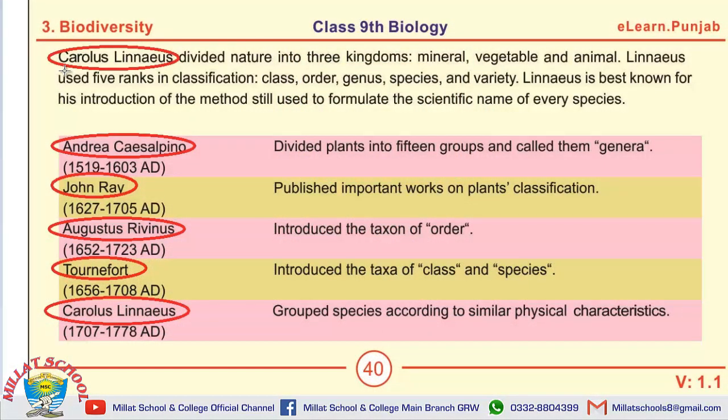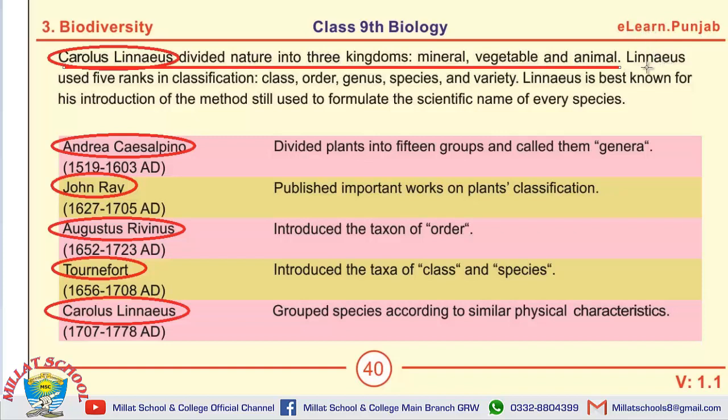And the next question is about the work of Carolus Linnaeus. Carolus Linnaeus divided nature into three kingdoms, and those were minerals, vegetables, and animals.